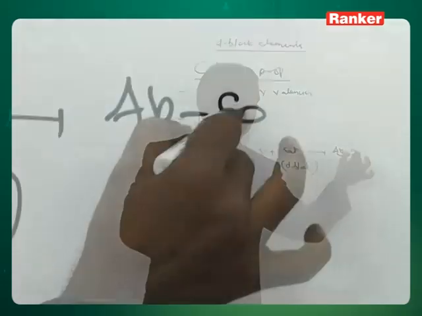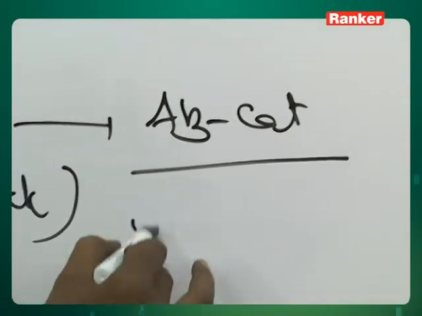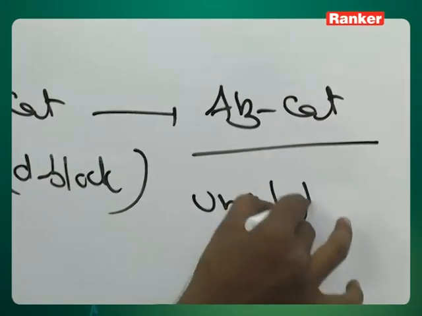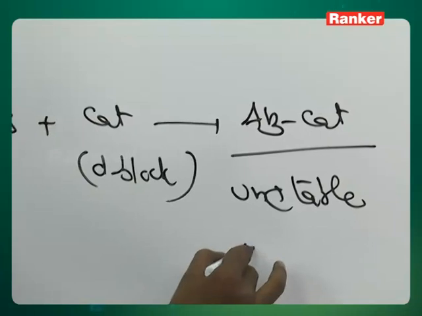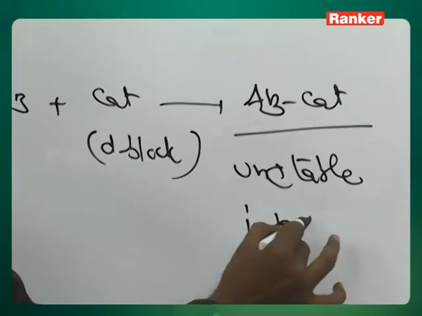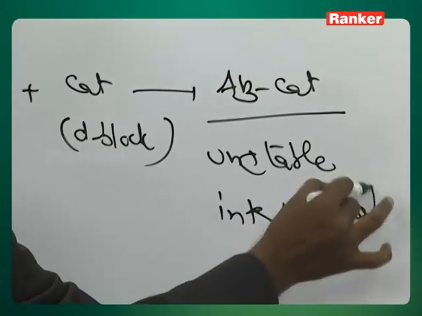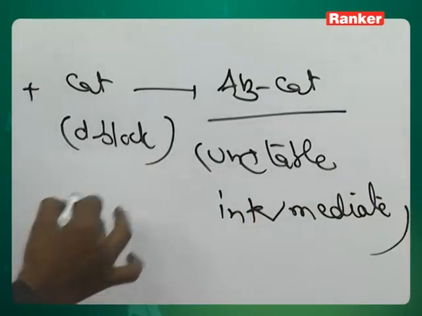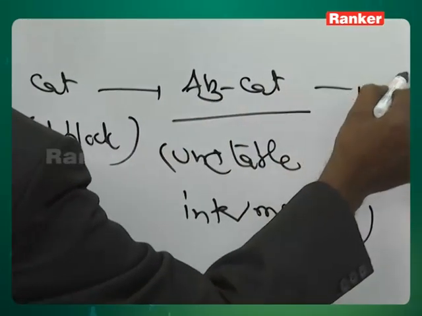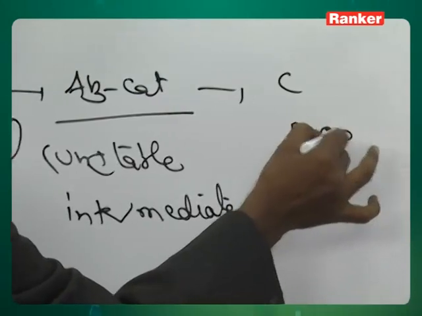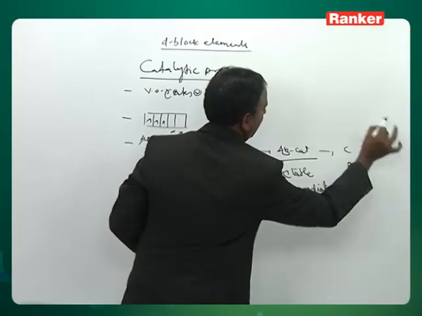What you are getting is AB catalyst, an unstable intermediate. Ultimately, it is decomposing. You are getting C product, and again you are getting the catalyst.